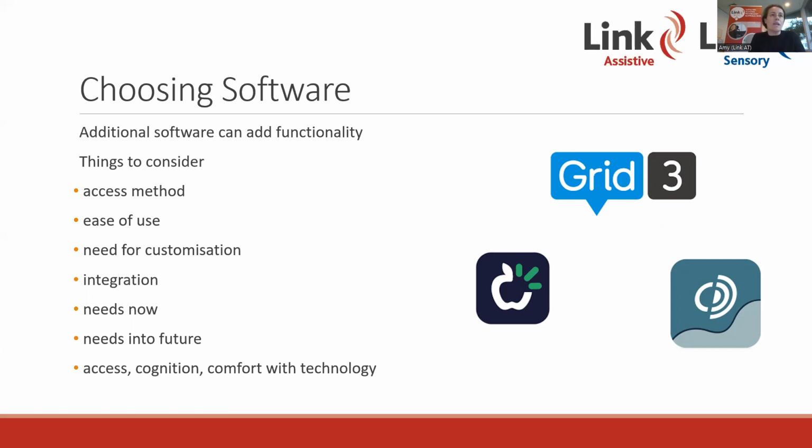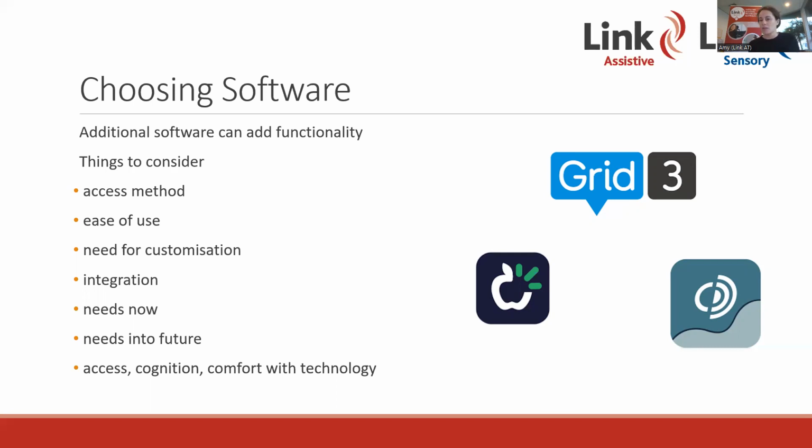Maybe we're working with a young child who wants to operate their TV, but we only want it to turn the TV on and off, and we want to be able to get to ABC Kids. So we just want to fully customize something to have 2 buttons on the page, on and off, and ABC Kids. And what AAC software lets us do is have that customization.